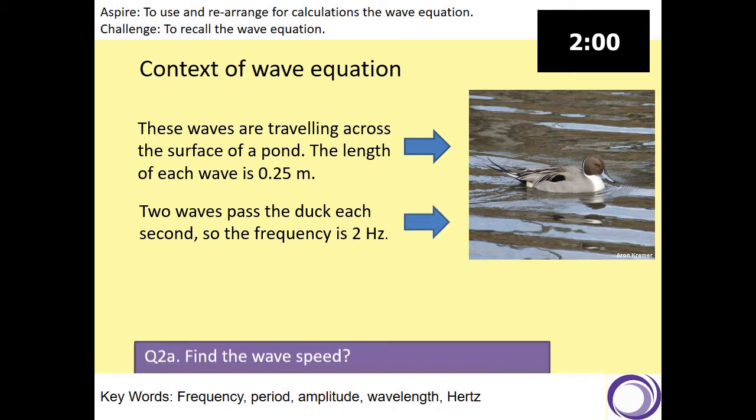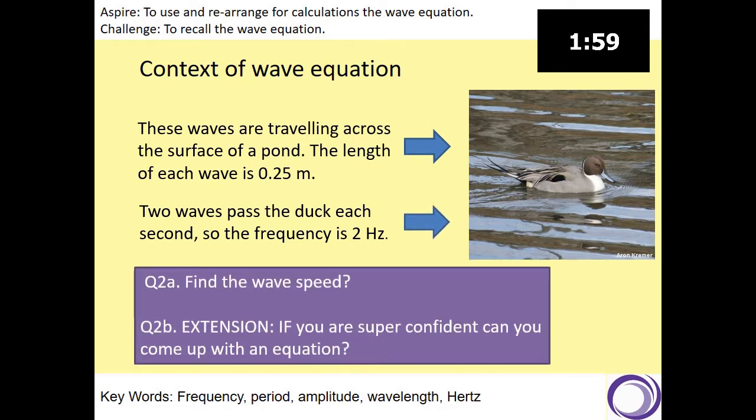So what I'd like you to do now is, can you work out the wave speed, not using the equation, just using that information that you've got there? So can you find the wave speed in meters per second? And if you're super confident, could you actually use that to come up with the equation?